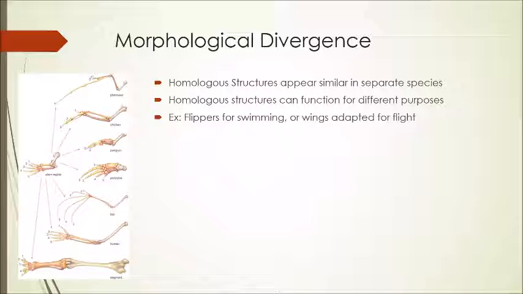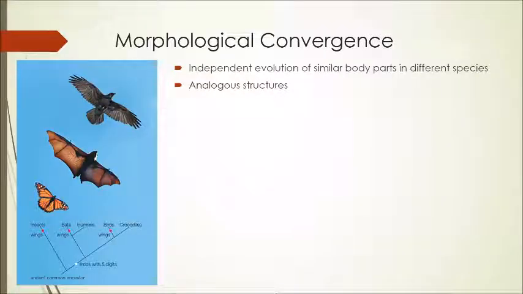So this will bring us next into morphological convergence. And if you can sense the opposites here, it's the other way around. Pretty much, body parts that appear similar aren't always homologous structures. Even though insects and bats and birds all have wings, they're not necessarily homologous structures.